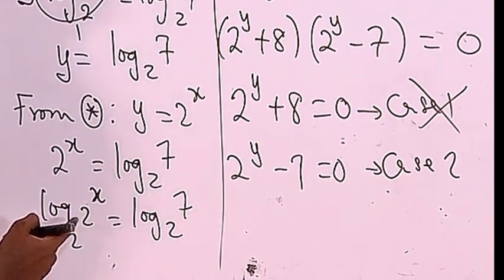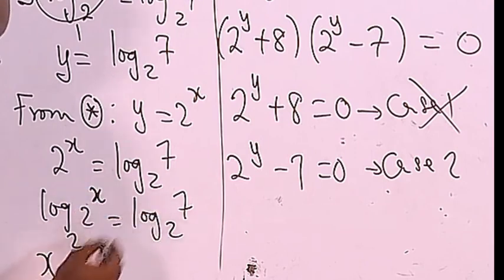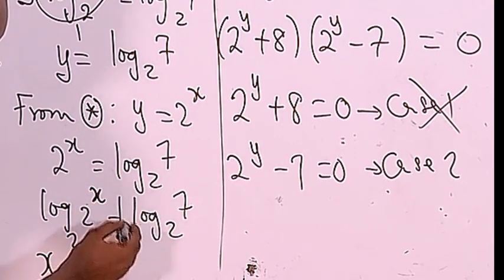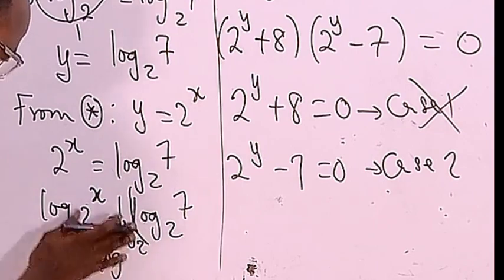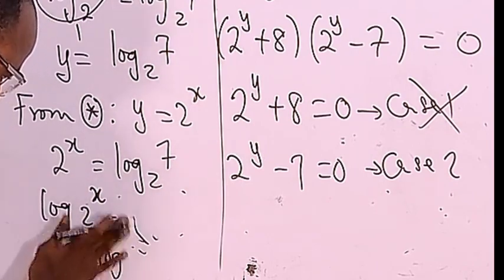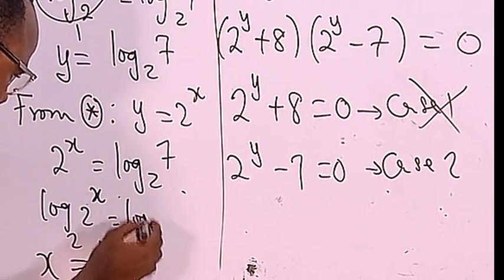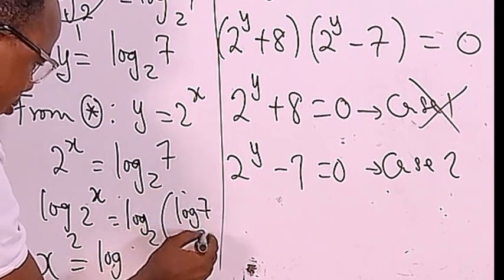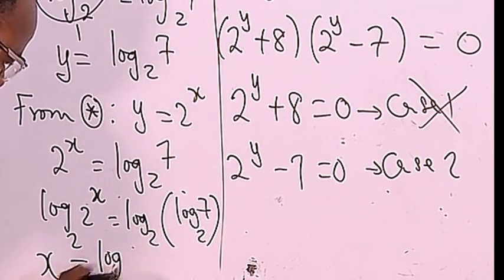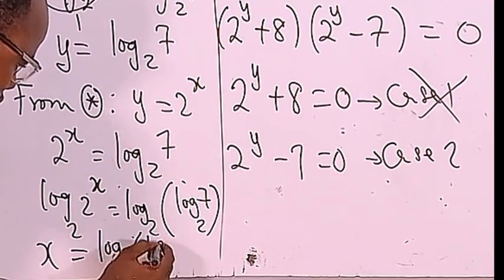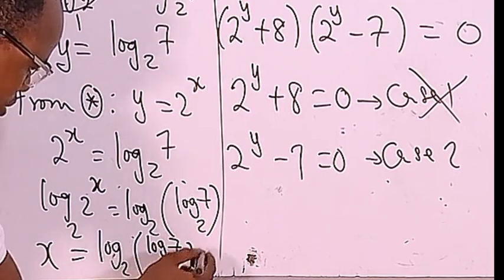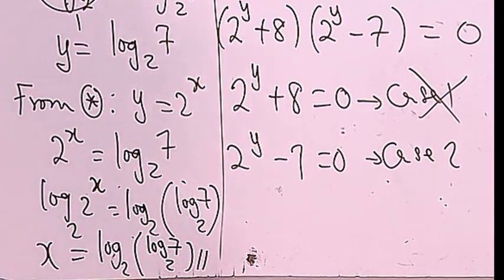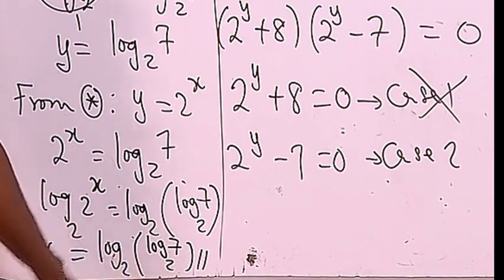The x comes down and this becomes 1. So our answer is that x is going to be log with respect to base 2, of log 7 base 2.